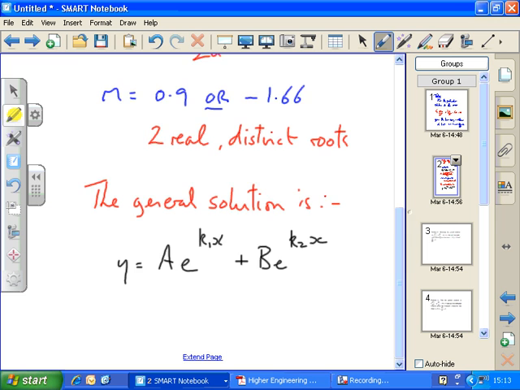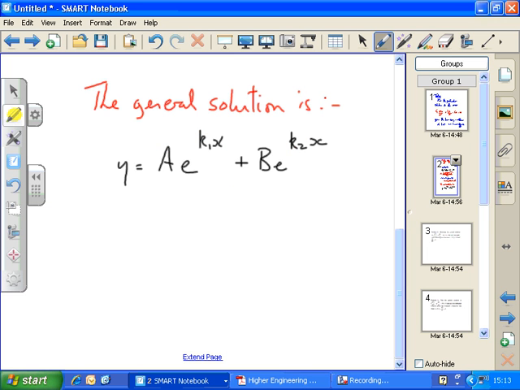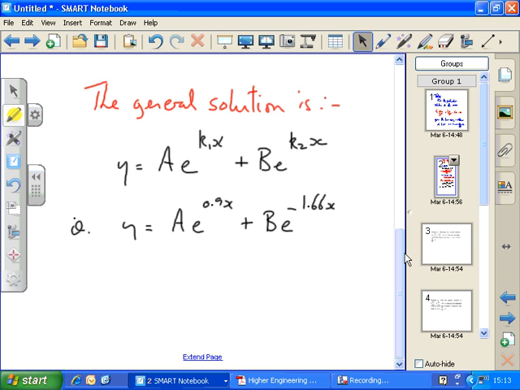So for this particular example, y equals a e to the 0.9x plus b e to the minus 1.66x. It doesn't matter which one we call 0.9. And that's the general solution, or the complementary function.